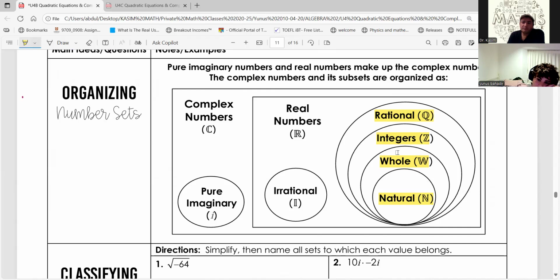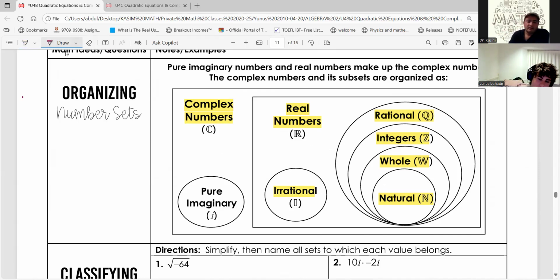And also we have numbers that cannot be written as a ratio of two integers. We call them irrational numbers. Irrational numbers and rational numbers together form real numbers. And now we are just adding one more element, this i element. It's actually expanding our number system. So this new number system, what is it? Complex numbers.